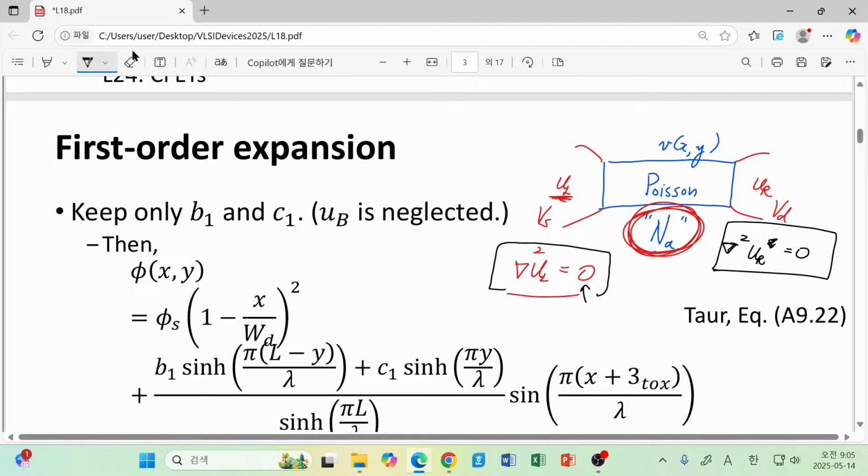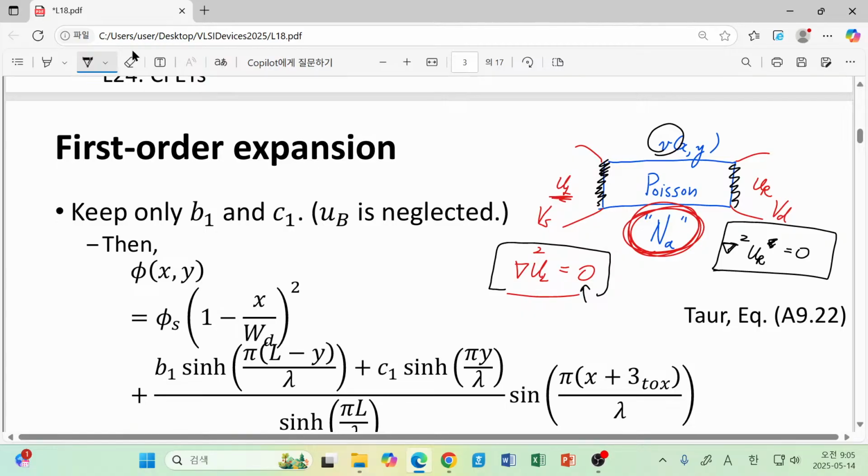After that, we made a series expansion on the mismatch in this left side and right side, because our V function just gives us the potential profile corresponding to the MOS system.